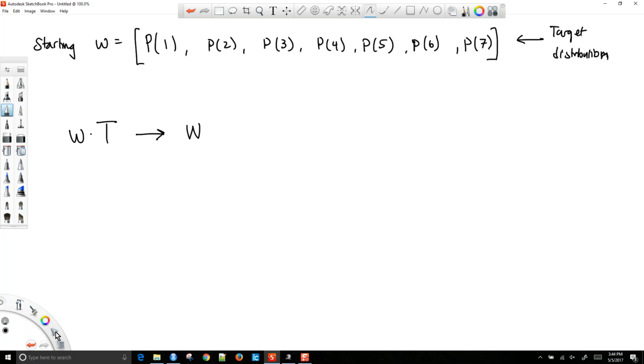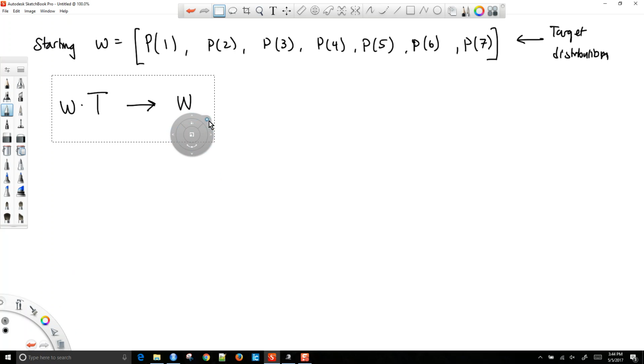Meaning that if we plug our target distribution into the transition matrix and multiply, we get the result.